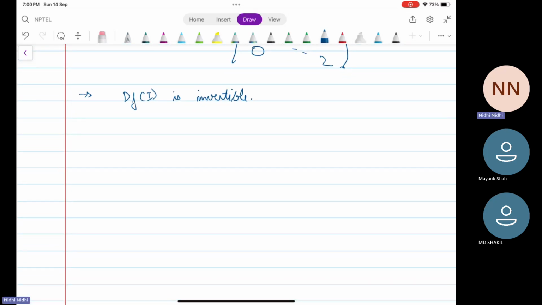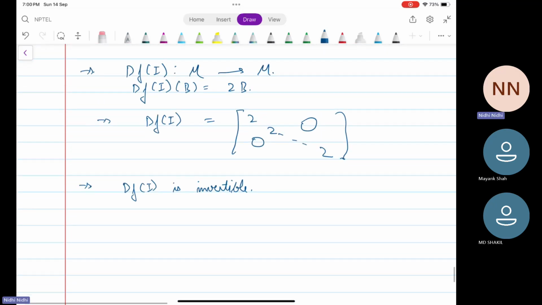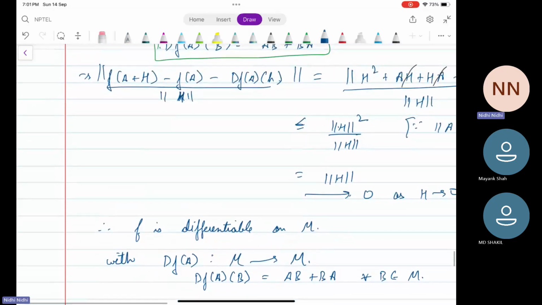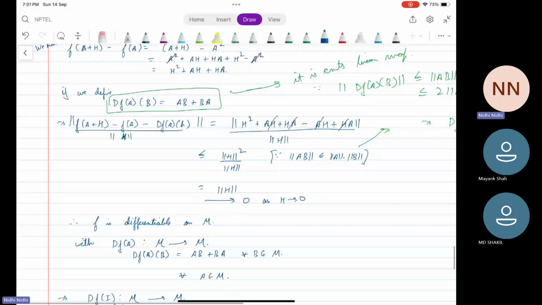Does all these operators give a similar interpretation when we consider the matrix as an n-squared tuple? So are you asking about the derivative? For the case of matrices, you'll get a derivative in this form itself.